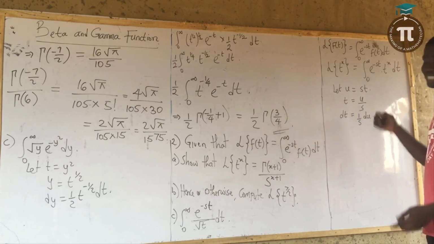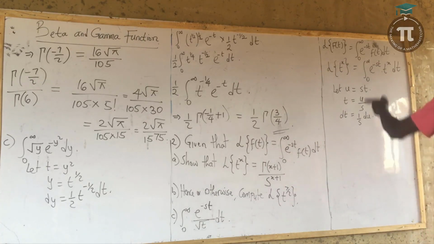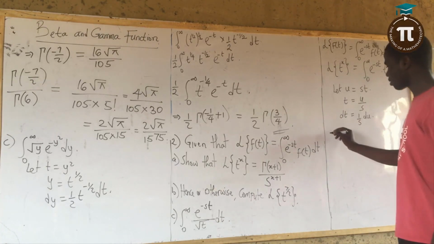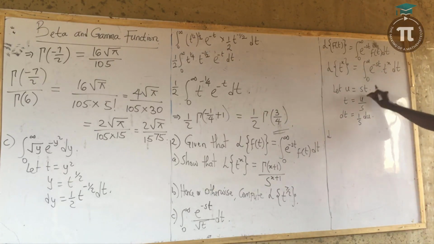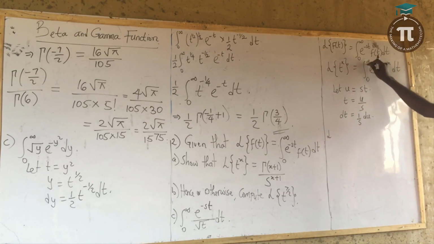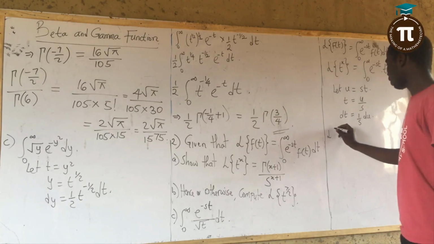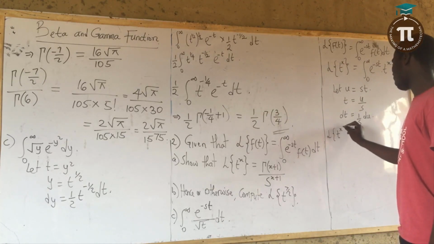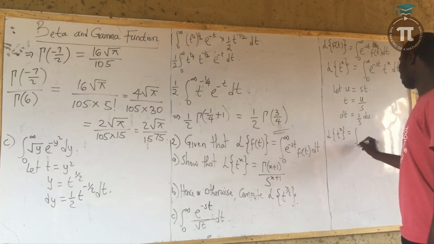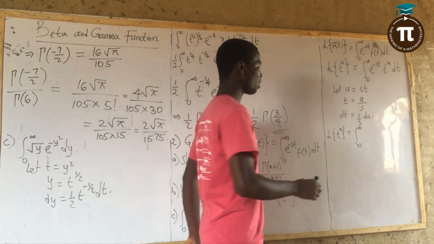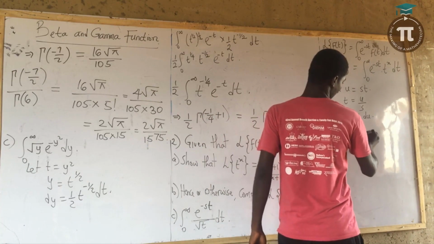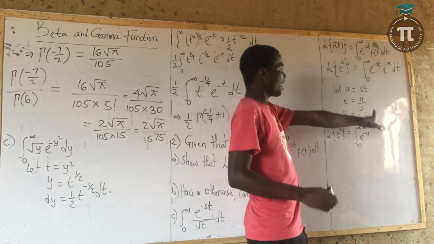Differentiating, dt will be 1 over s du, since s is just a constant. Again, when t is 0, u is 0. When t is infinity, u is infinity. So the Laplace of t raised to power s will now be equal to integral from 0 to infinity of e raised to power minus u.